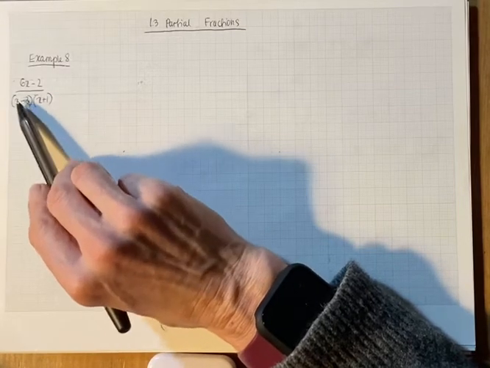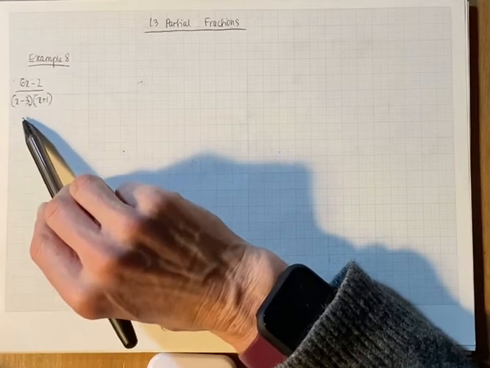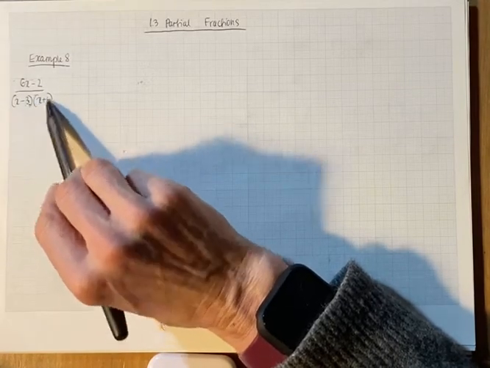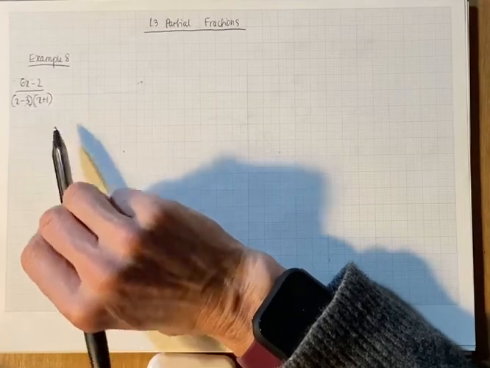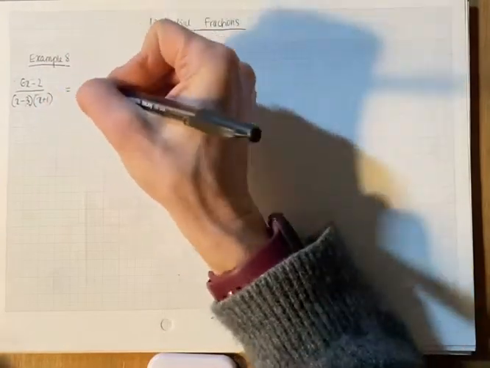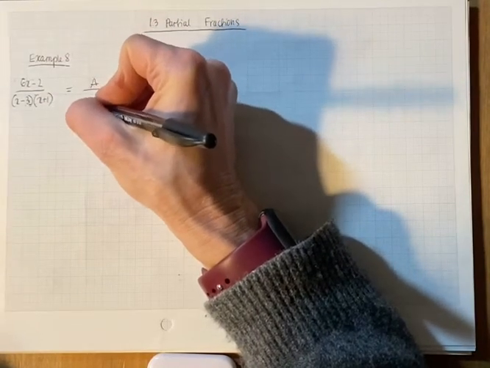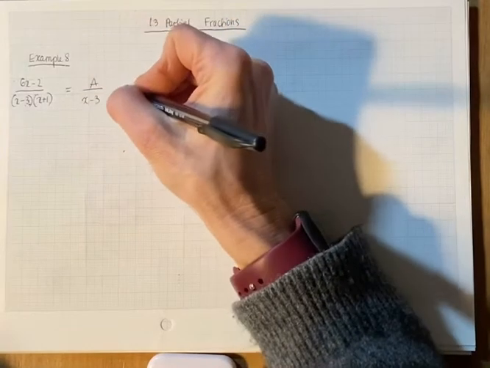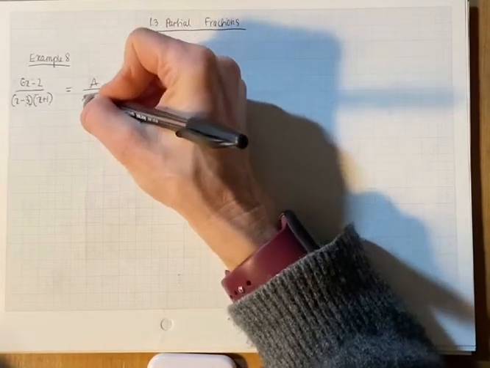Over here you need to think, what were the fractions that were added together to give me this overall fraction? As you can see, there's two factors in the denominator, so that means we'll have two fractions. So it's a over x minus 3, since we don't know how many of these, plus b over x plus 1.